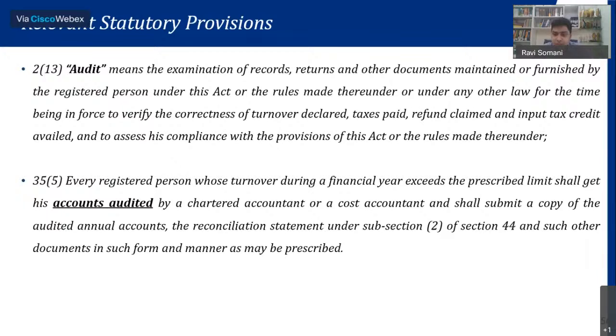Now here, in my view, the interpretation is not actually doing the GST audit or filing of 9C. Here, what it says is to get the accounts audited. Accounts audited means to get the books of accounts audited.